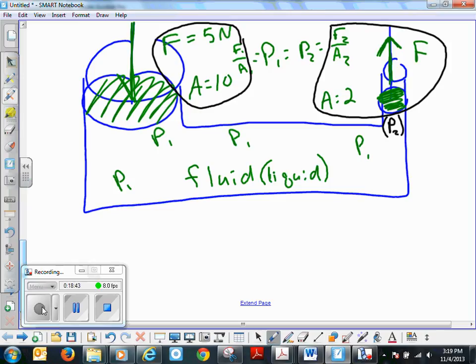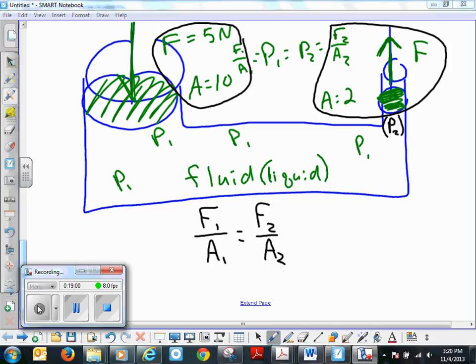Does that make sense? So the formula boils down to this. Force 1 over area 1 equals force 2 over area 2. Any questions about that? Okay, so then we just plug and chug there.